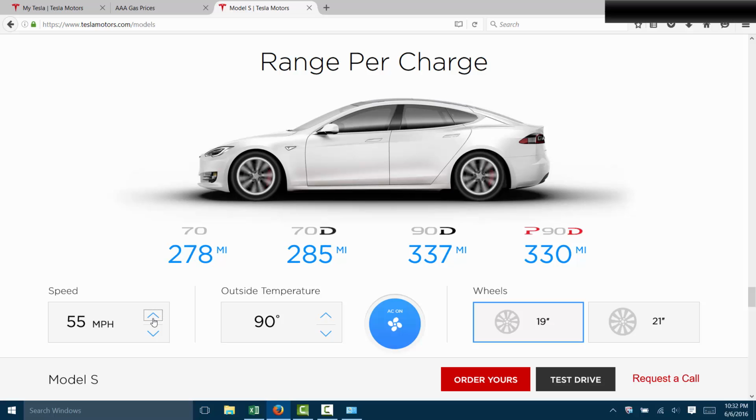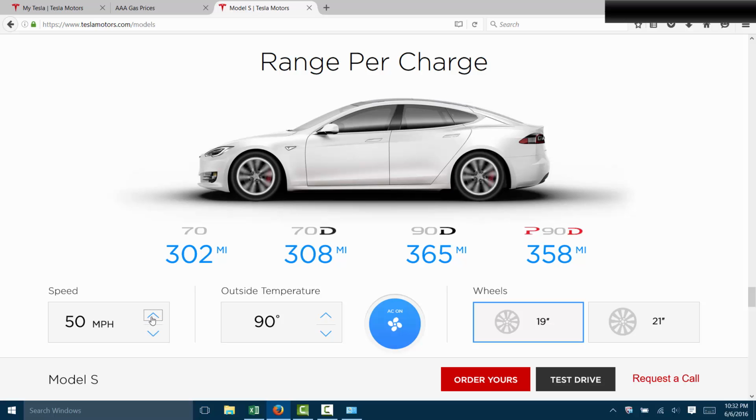The faster you drive, which will be similar to highway driving, if you notice, the higher the speed, the lower the range on all the different configurations. And the slower you drive, the longer the range, which will be similar to city driving, right? So it's sort of the opposite. It's counterintuitive to what we're used to on an ICE.